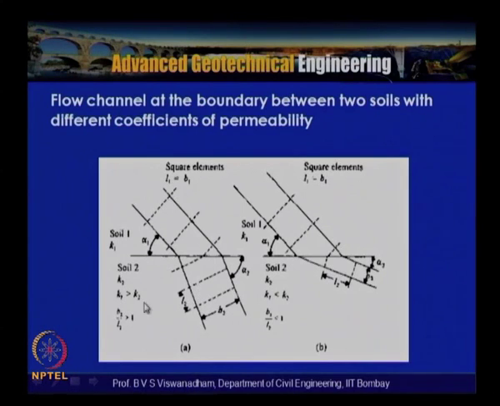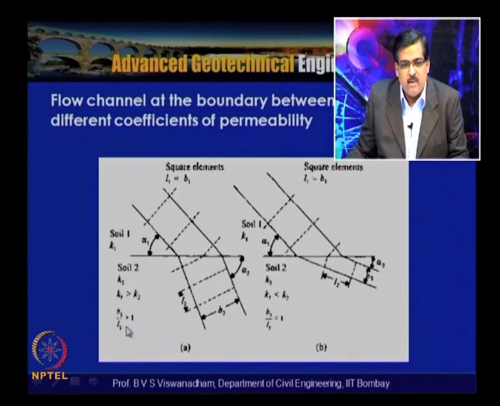So when K1 is greater than K2, then B2 by L2 is greater than 1. So we get large rectangles, and not necessarily that on the soil 1 side the square elements are ensured in one of the soils; it can be vice versa. If you take soil 1 as soil 2, here you have square elements and here you have rectangular elements.